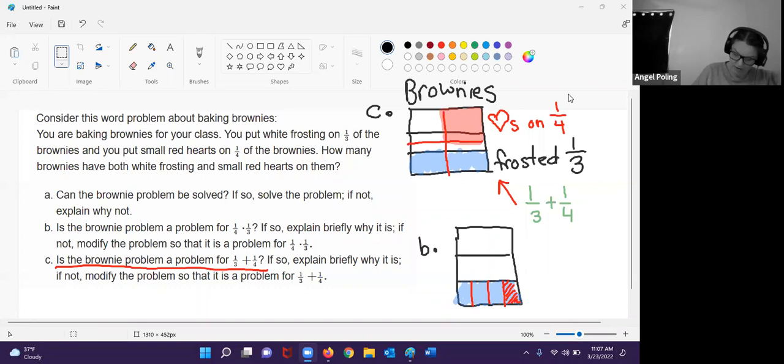Then we would know what amount of brownies is heart covered and frosted, right? So let's label this 1/4 of 1/3 of the brownies.